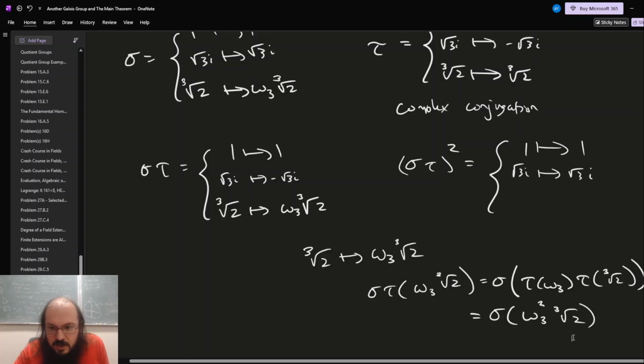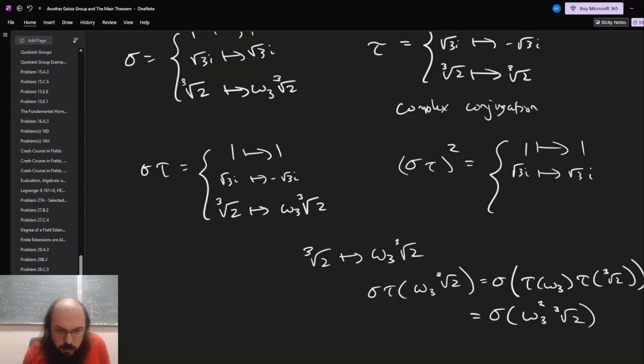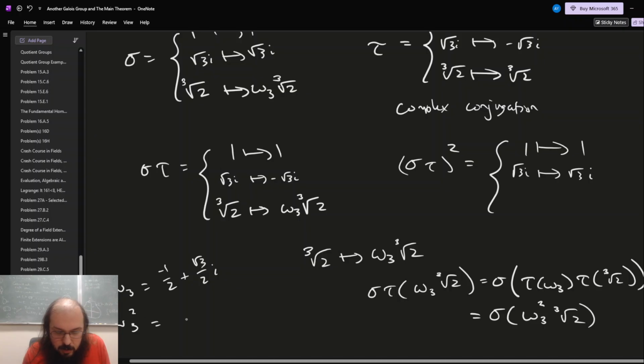Now I want to apply sigma, and sigma sends the square root of 3i stuff to itself. And we remember omega 3 is equal to minus 1/2 plus square root of 3 over 2i, and omega 3 squared is the same thing as the complex conjugate.